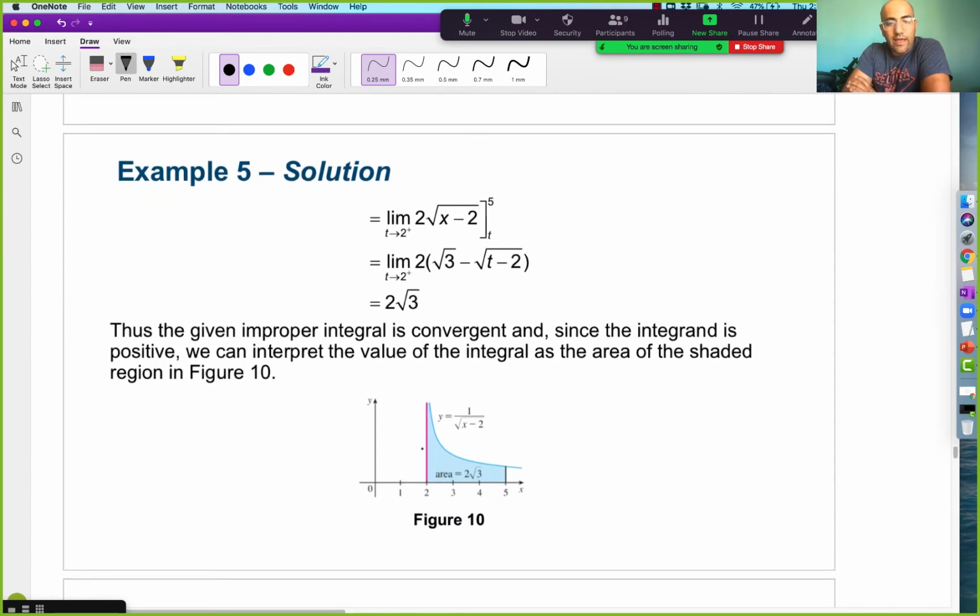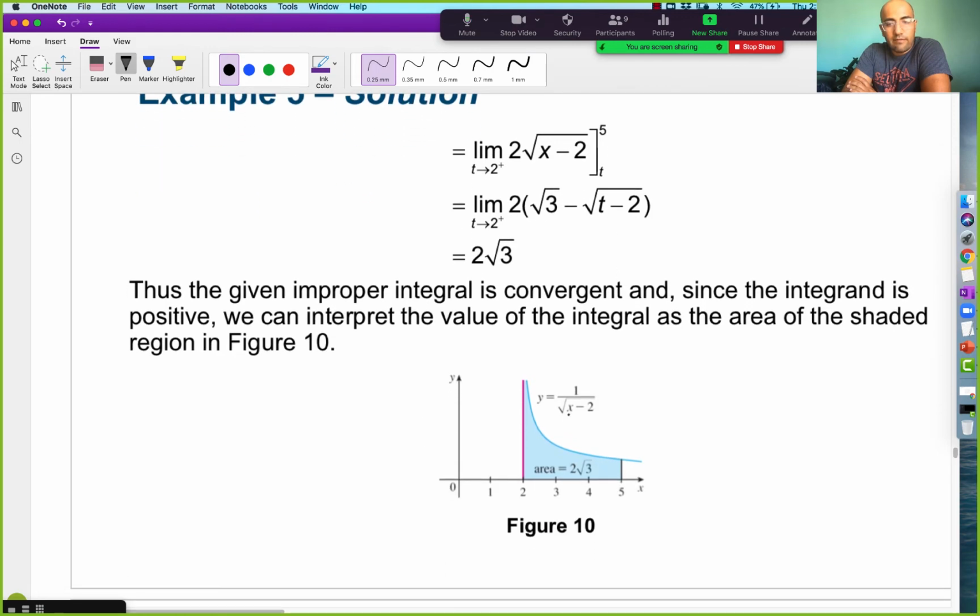So here's a nice graph of that function. And notice that the function y equals 1 over the square root of x minus 2 looks like this. And there's a vertical asymptote at x equals 2, so this function gets infinitely close to it and shoots off toward positive infinity in this direction.